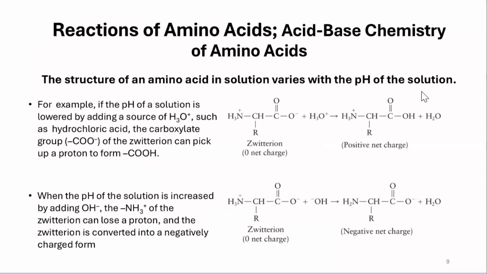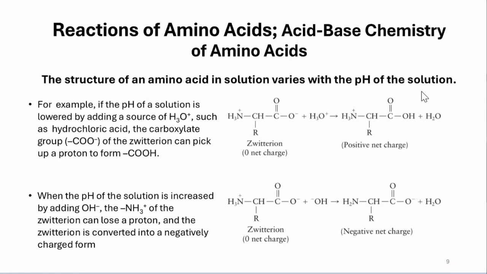Under different pH conditions, a Zwitter ion can act as an acid or it can act as a base. Let's look at two examples where there's variations in pH, and we will observe how the Zwitter ion will interact with these different conditions. Let's say that, for example, we have a solution in which the pH is now acidic.